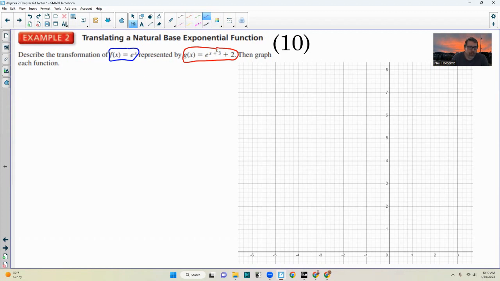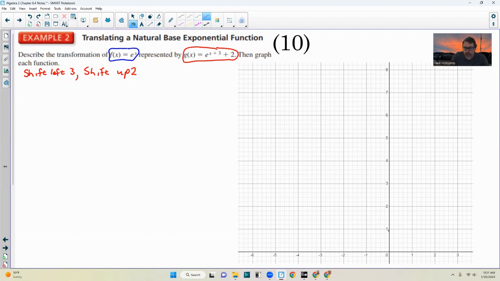So the +3 in the exponent means shift left 3, and the +2 is a shift up 2.